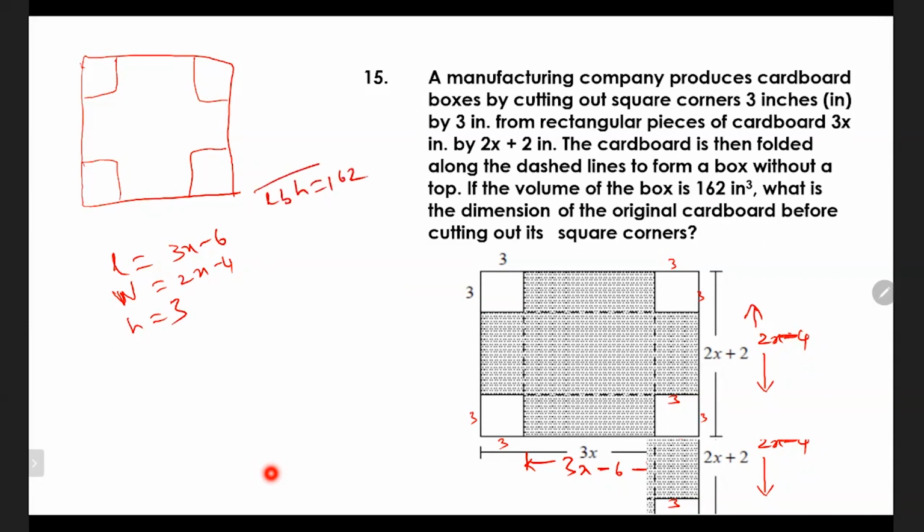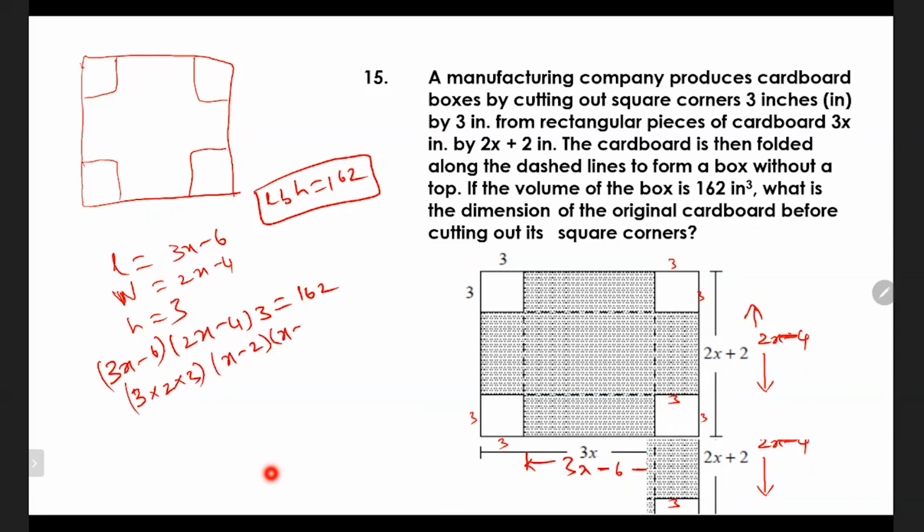So 3x minus 6 into 2x minus 4 into 3 equals 162. Now 3 common here and 2 common there, into 3 into x minus 2 into x minus 2 equals 162.